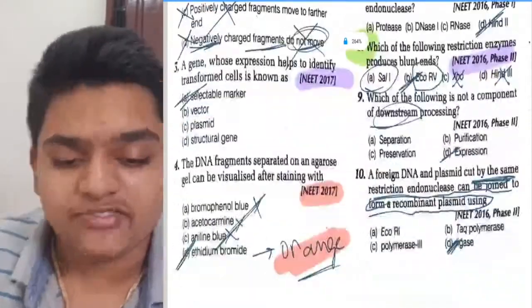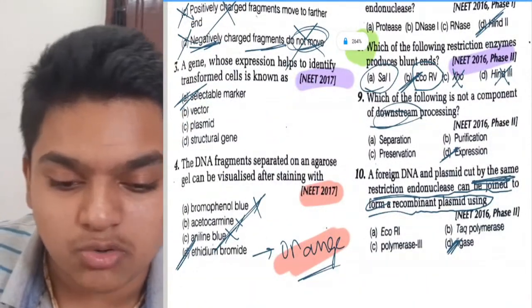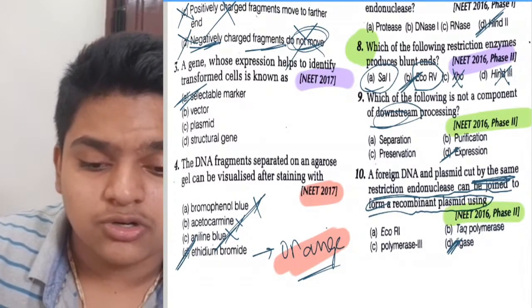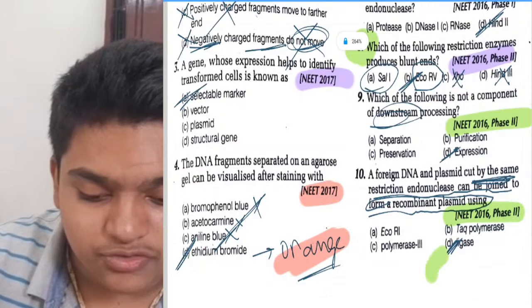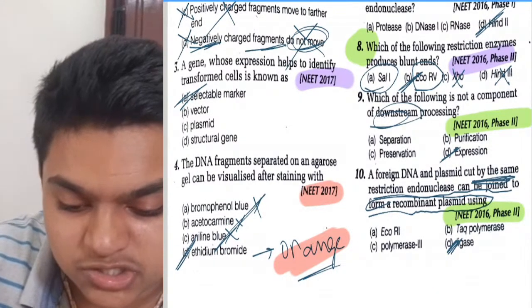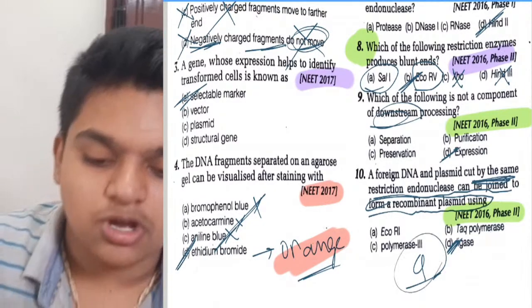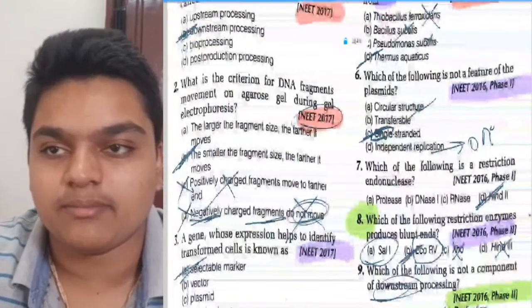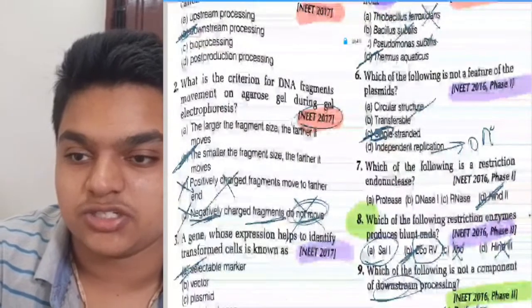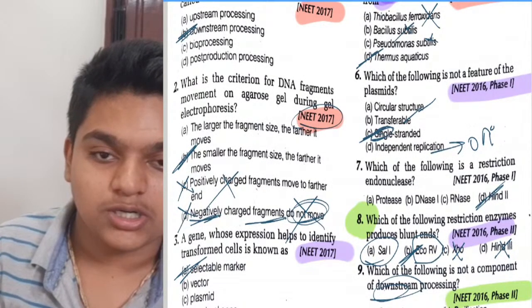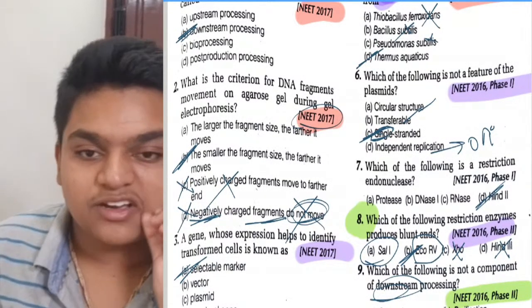Yes, we have completed 10 questions. Out of these 10 questions, how many of you have got 9 out of 10? I'm eliminating the 8th question, so I'm putting 9 marks. Out of 9 marks on this page, how many of you got 9 by 9? Put it in the chat section. Come on.